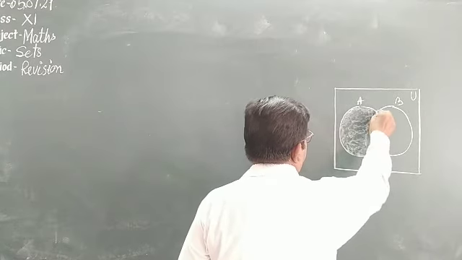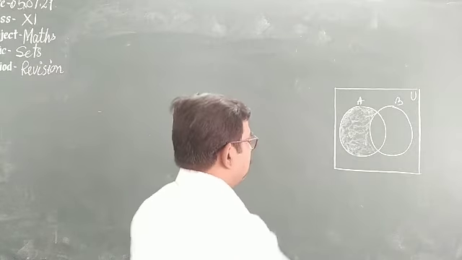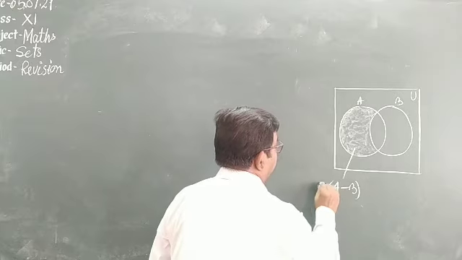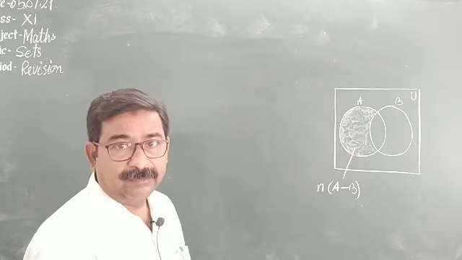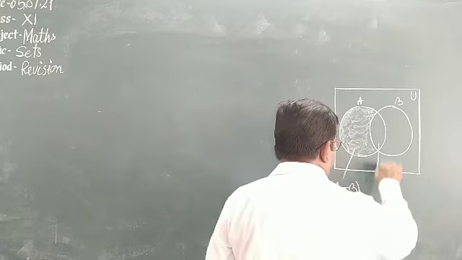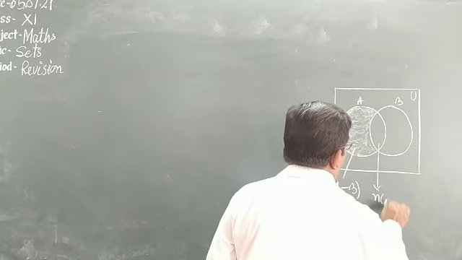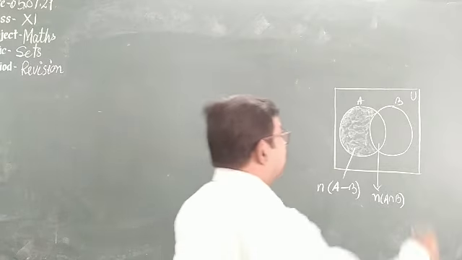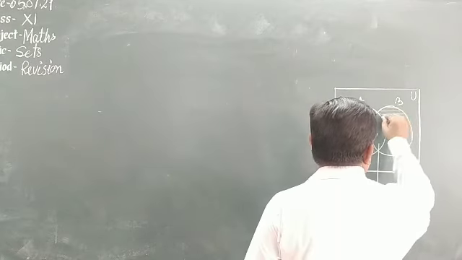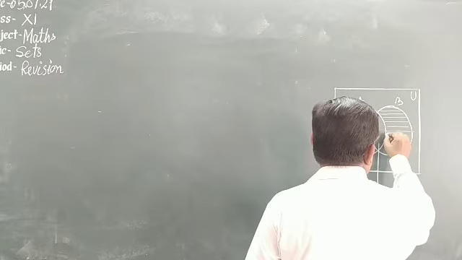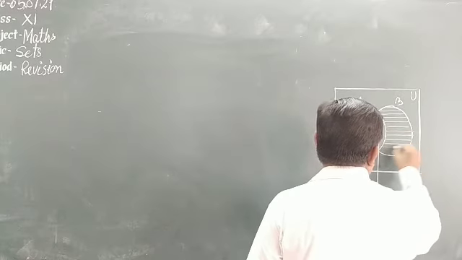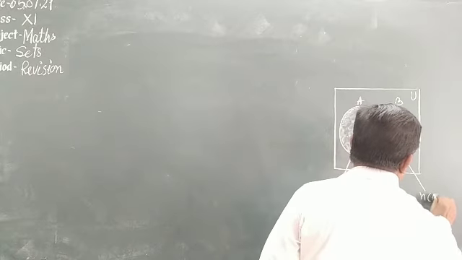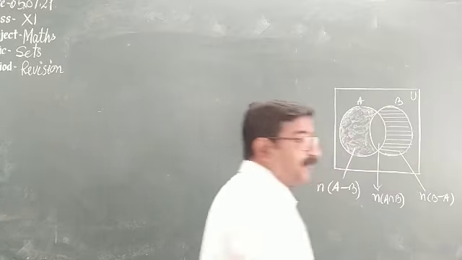This portion is what? This is A minus B, and its cardinal number is N(A minus B). This is the common portion, this is N(A intersection B). And this one is N(B minus A).